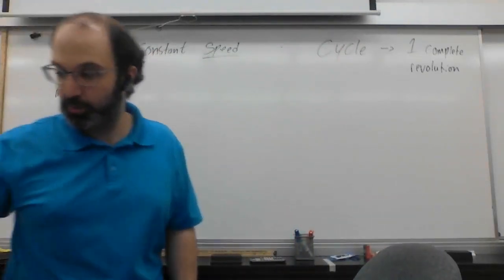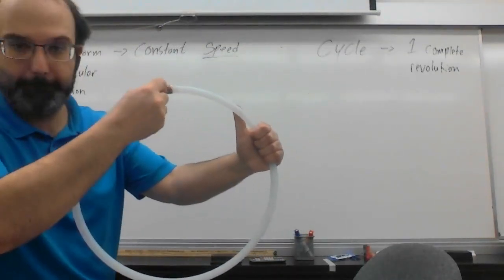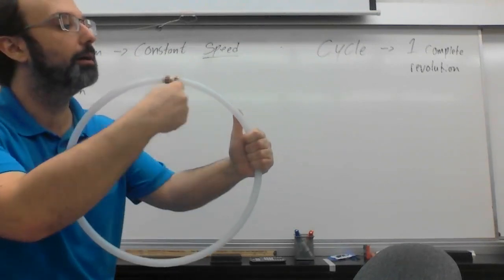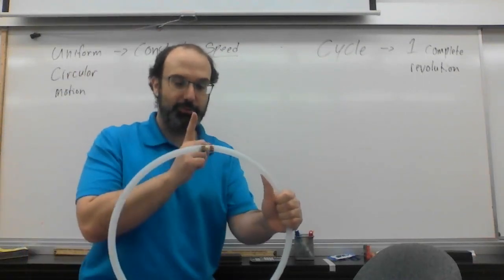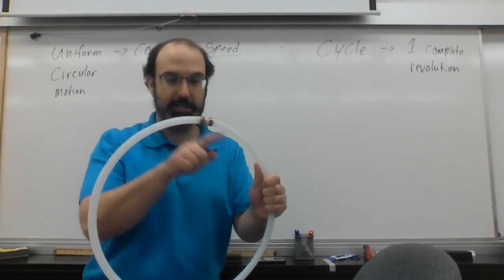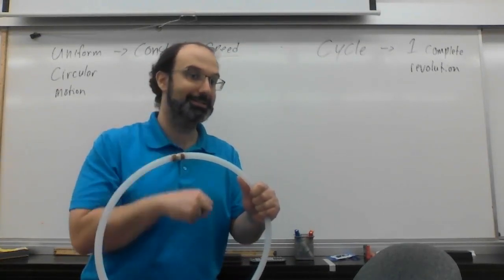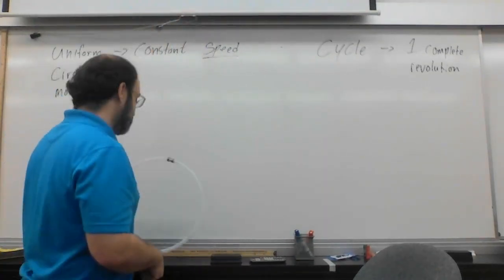Well, with this wonderful circle I keep holding up, I start right here, and I go around the circle, right back to where I started. That is a complete revolution. I got from where I started to where I ended, and it's the same place. So, obviously, if I do this twice, that is 2 complete revolutions, or 2 cycles. All right? Makes sense so far? Cycle, going around the circle.